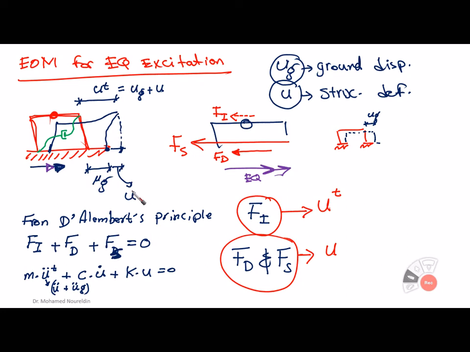This is the deformation of the structure itself. This deformation is going to develop Fs and Fd, due to u. However, the inertia force is related to the total displacement. You understand? Okay.